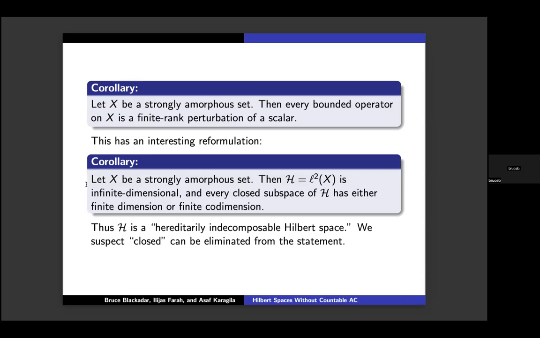So you get that this H is, you could call it, a hereditarily indecomposable Hilbert space. Well, if you have the axiom of choice, you have to work pretty hard to get a hereditarily indecomposable Banach space.